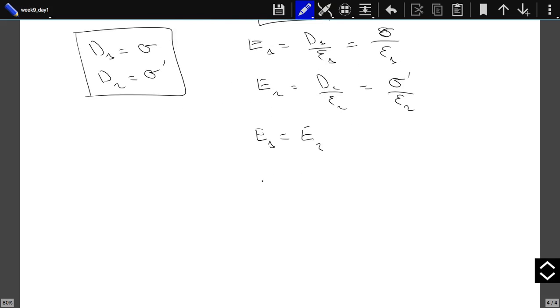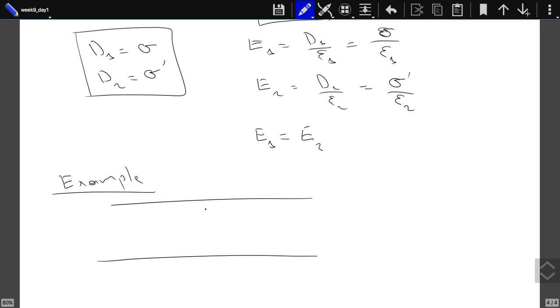So what is actually happening over here? Let's just consider the case of a single dielectric. If you put this dielectric between these two conductors, the medium will be polarized. This surface will be slightly negatively charged.